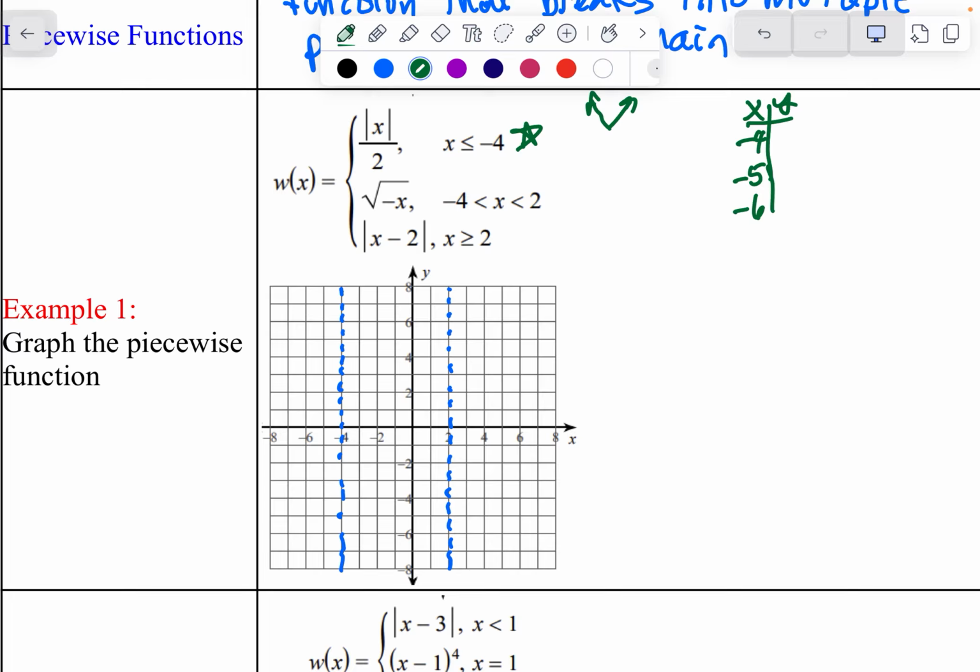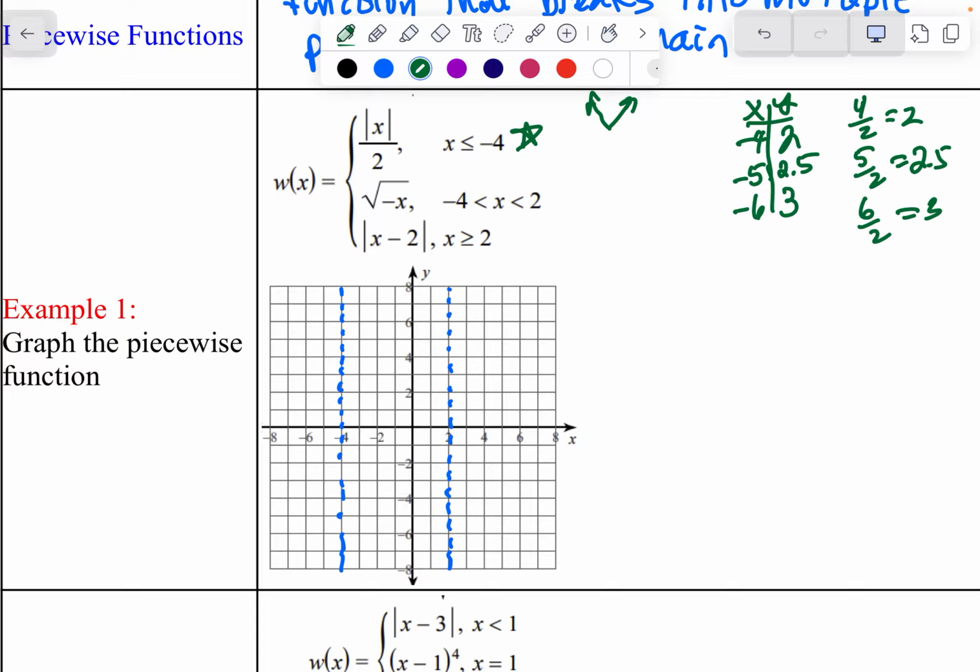So at -4, the absolute value of -4 is 4. 4 divided by 2 is 2, so that's a 2. -5, the absolute value of that is 5, divided by 2 is 2.5. Now you can write 5/2, there's nothing wrong with that, but because we're graphing, that decimal value is a little more helpful. The absolute value of -6 is 6, 6 divided by 2 is 3.